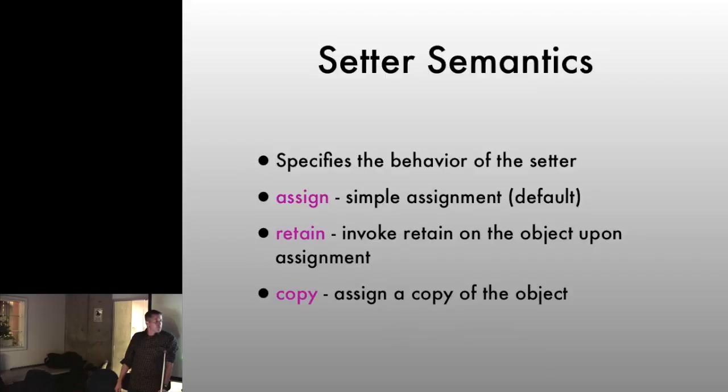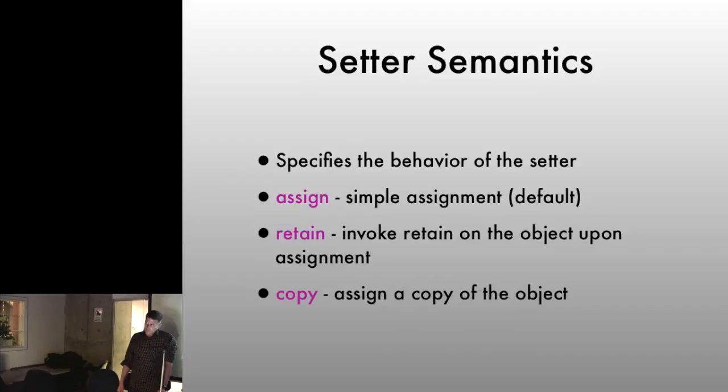You can get these behaviors either by using the dot notation or by calling the methods that the compiler will write for you. You can also do it with setValue:forKey:, set property colon property value, and that will get whatever behavior you've set on that setter. So using a normal assignment, let's say you have an autoreleased date, and if you say self.date equals some autoreleased object, it will retain.